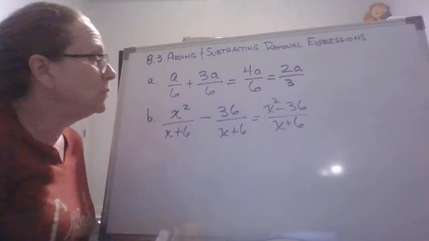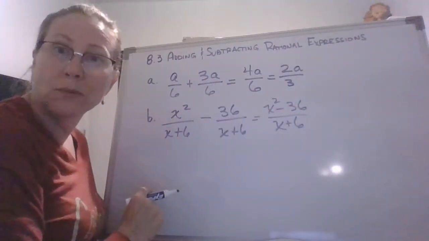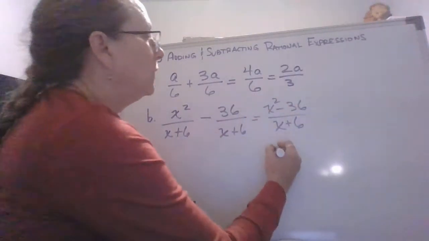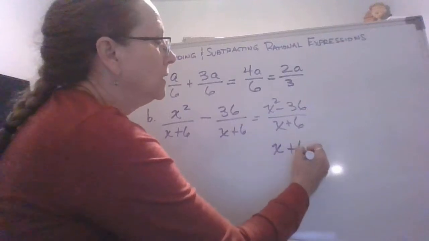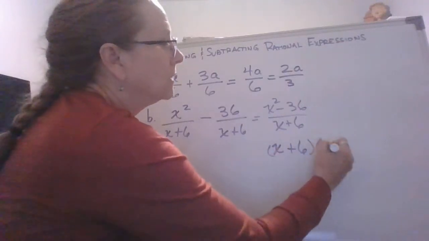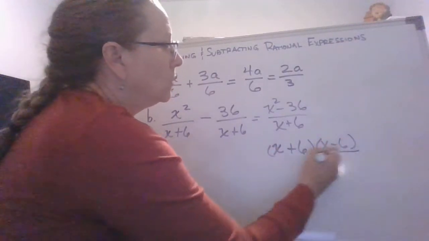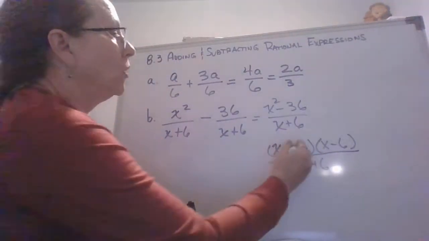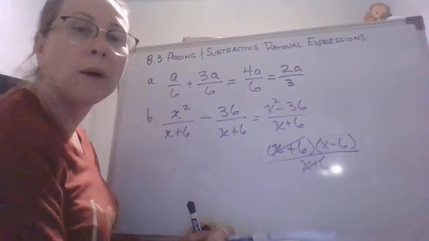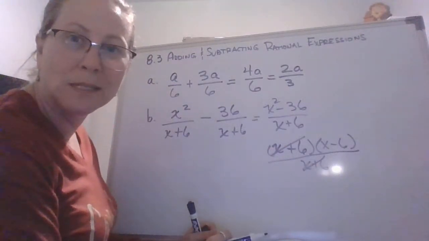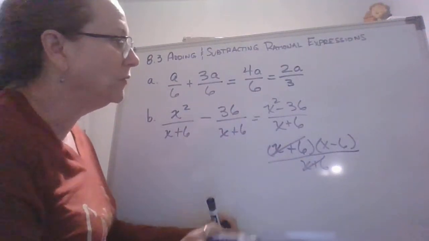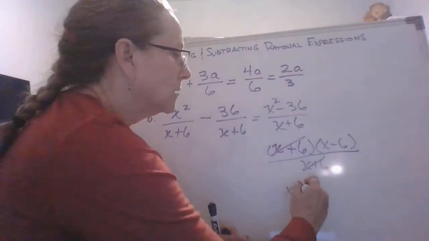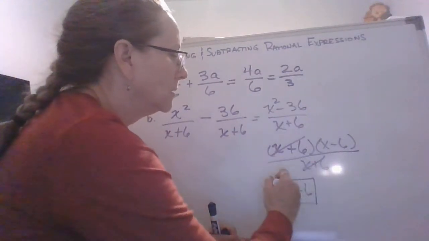The answer is yes, because now our numerator is a difference of 2 squares, and it factors into the conjugates x plus 6 and x minus 6. So with the denominator of x plus 6, we can see that our x plus 6 binomial will cancel with that denominator as we simplify it, and our answer will be x minus 6.